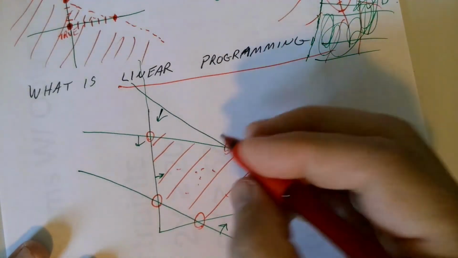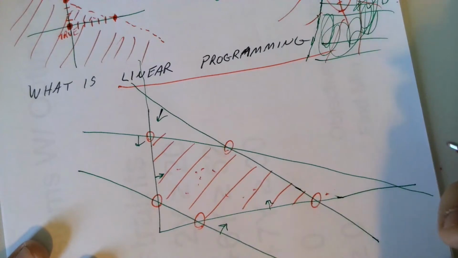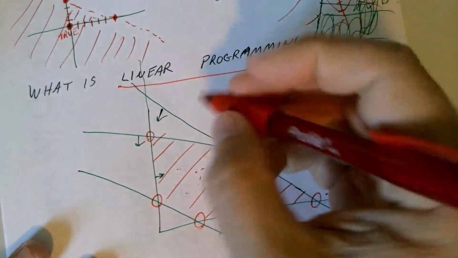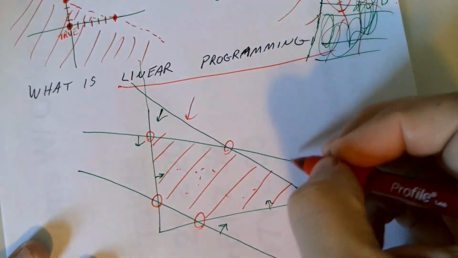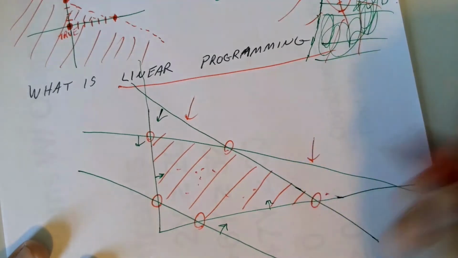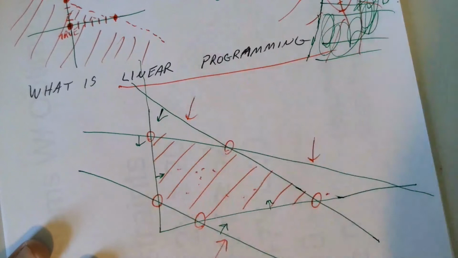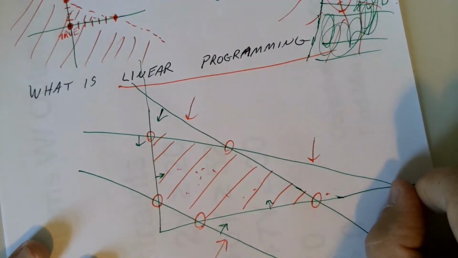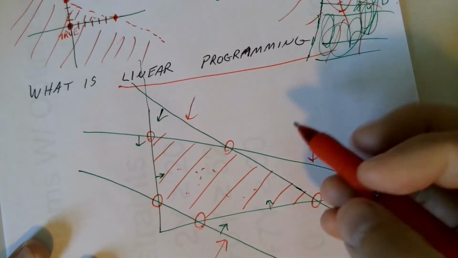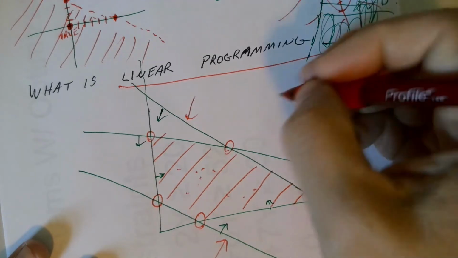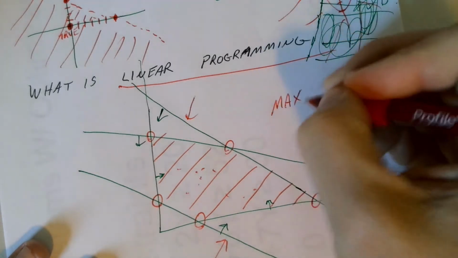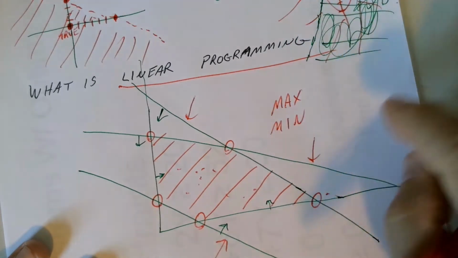And there might be 25,000 different possibilities that I could have that deal with my employees, my supplies, and my minimum requirements, knowing that I still have to be positive in both of my products. Okay? Well, it turns out that I don't have to check all of them in order to maximize or minimize, because that's what businesses want to do.